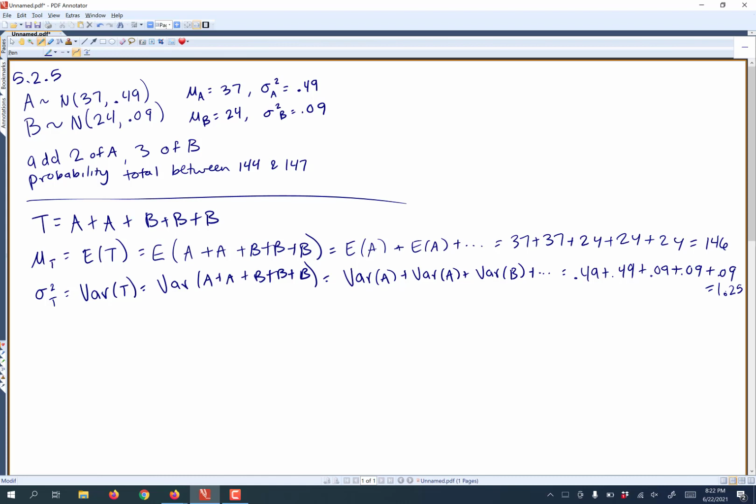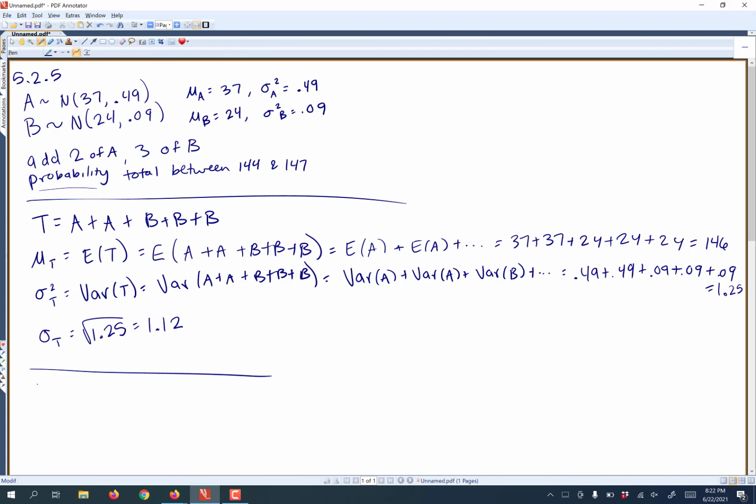Because I'm looking for a probability, we know they're normally distributed. I know I'm going to have to find a z-value, and that requires a standard deviation. So let's take the square root of our variance. The square root of 1.25 gives me 1.12. So that's my new mean, my new variance, my new standard deviation.